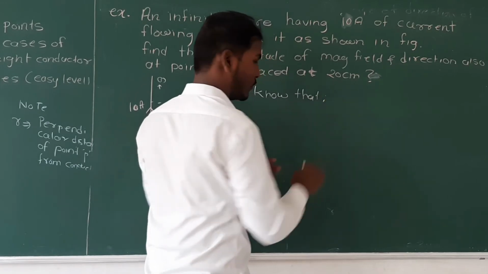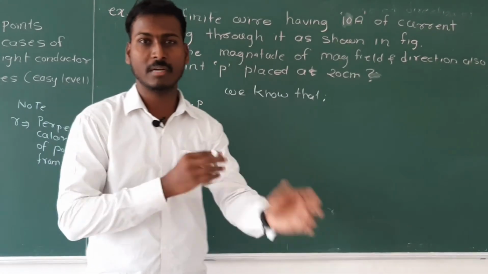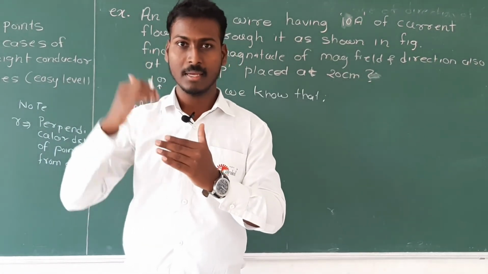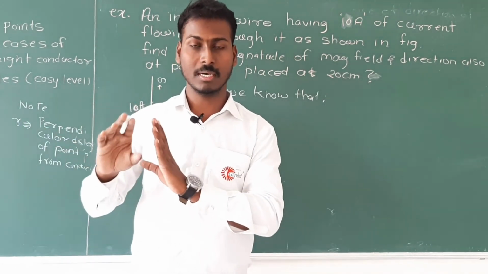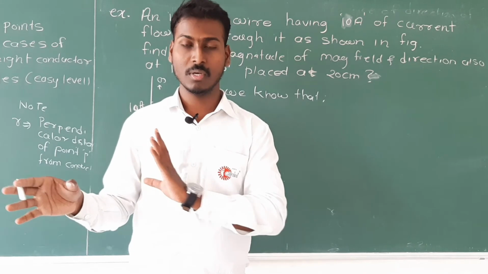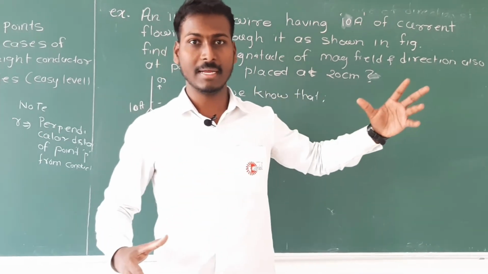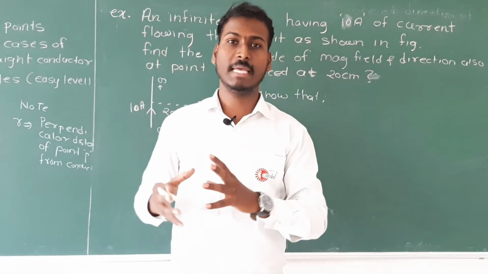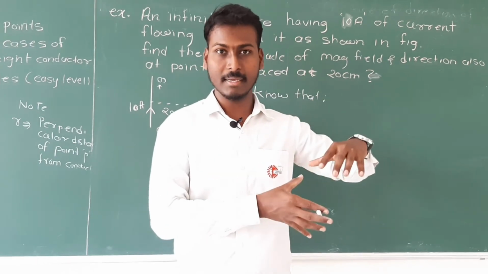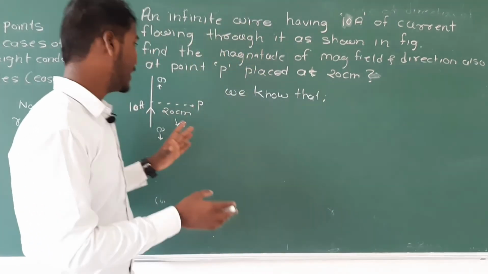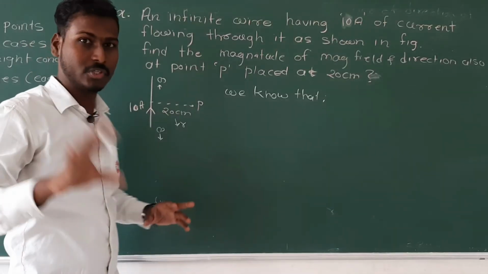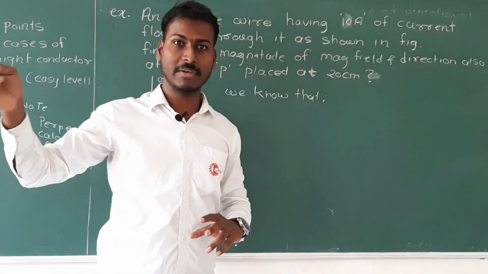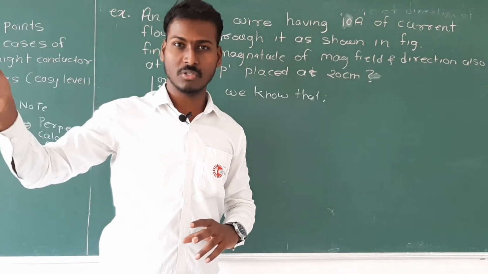Simply, first of all, always go for the basic expression. You know that B is nothing but mu 0 upon 4 pi I by r in bracket (cos alpha plus cos beta), or (sin theta 1 plus sin theta 2). But for the infinite wire, again I am not going to use the formula directly. I am going to the concept. You know that for infinite, alpha and beta both become 0. So cos alpha plus cos beta will be cos 0 plus cos 0, 1 plus 1, 2.